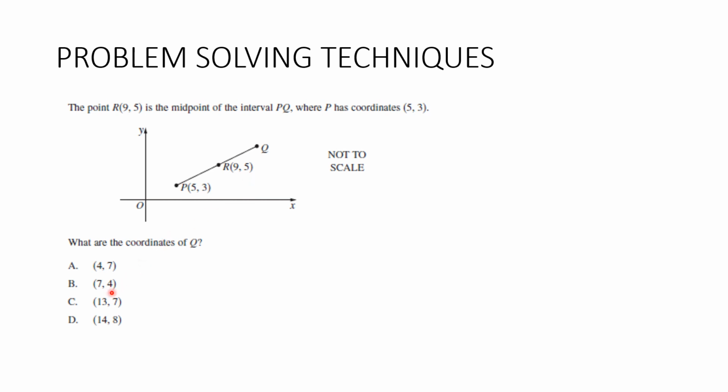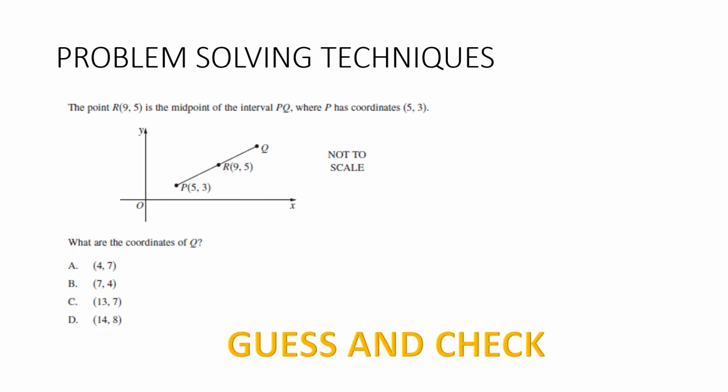But we don't have to do that. Have a look at these two. 4, 7. Well, that can't possibly be the answer. 7, 4. Well, that's sitting in there. That can't be right either. 13, 7 and 14, 8. Yes, it could be one of those. So let's use the answer. We're going to guess and check and see if this is right. 13 and 5 is 18, divided by 2 is 9. It's actually C.